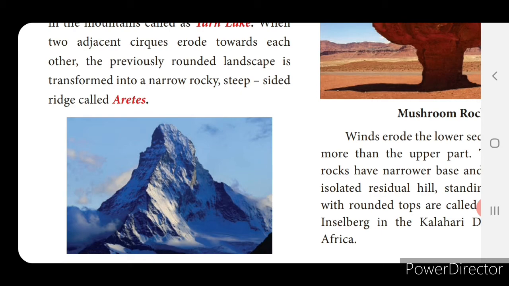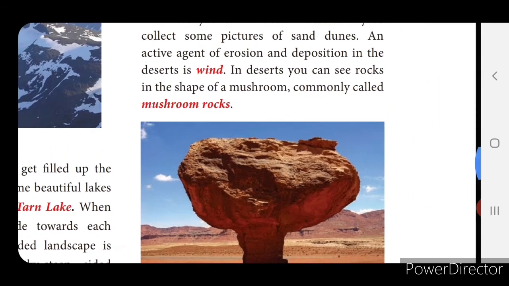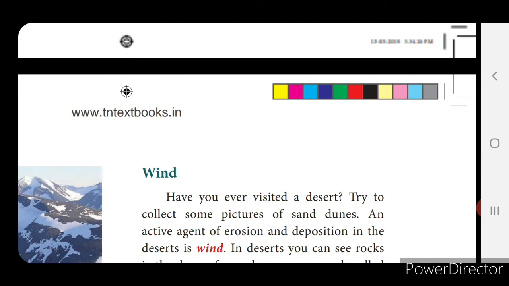We call that an arête. So those are the landforms formed by glaciers: cirques, arêtes, and also the tarn lake.